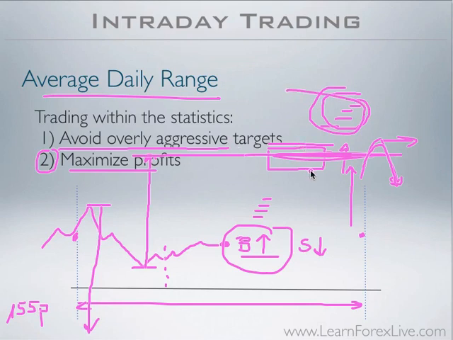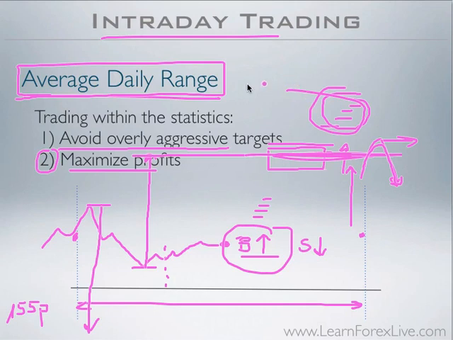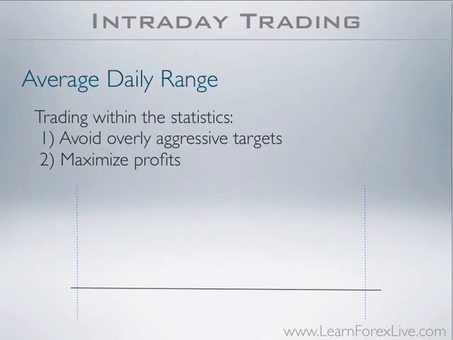So that's the way we are going to implement the average daily range in our daily intraday trading routine, in order to locate our final targets at the most optimal level, around that average daily range calculation figure.